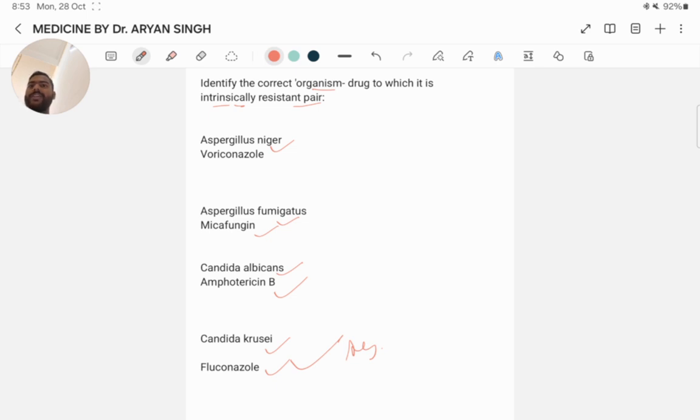Life-threatening systemic infections caused by Candida and Aspergillus species are usually seen in severely ill and immunocompromised patients such as HIV, chemotherapy-induced neutropenia, and transplant recipients on immunosuppressants.